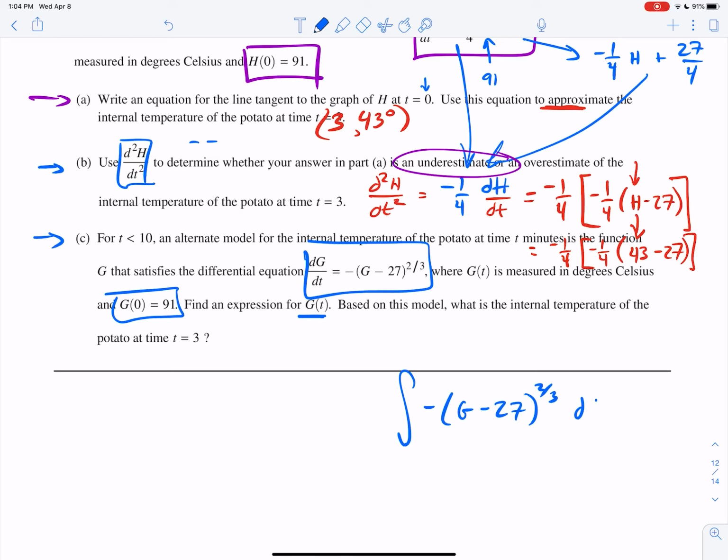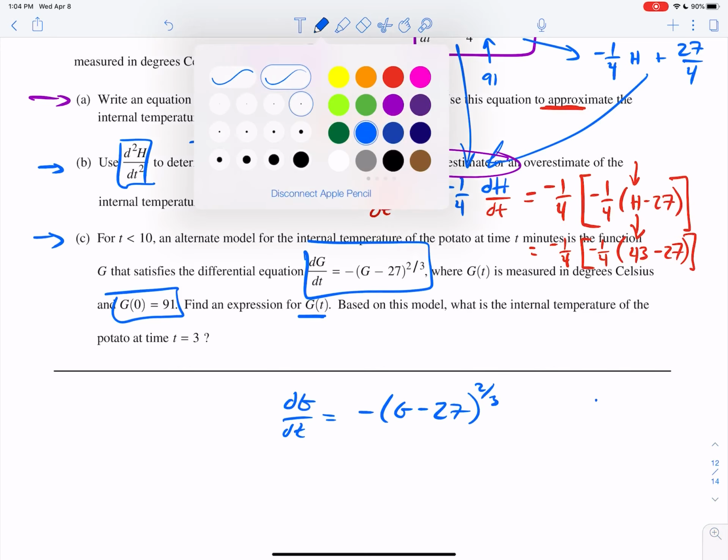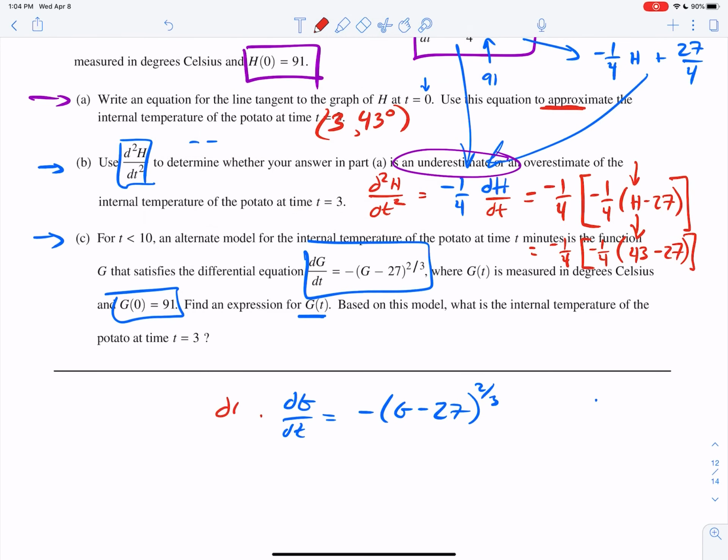Actually, let me start over. We have to separate this. So dg dt will equal negative g minus 27 to the 2/3. We're going to multiply both sides by dt to get all the dt's on the right. And then I'm going to move this g over. I'm actually going to leave this tiny little negative right there.